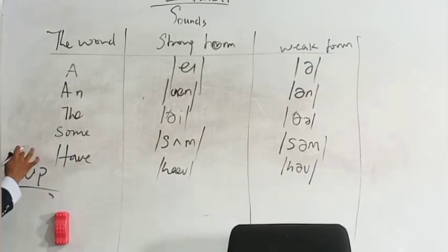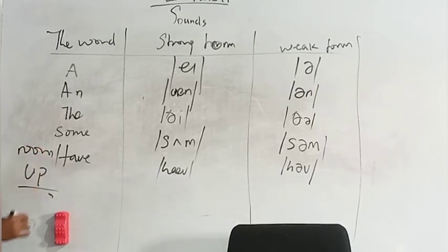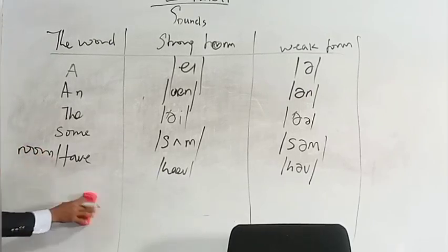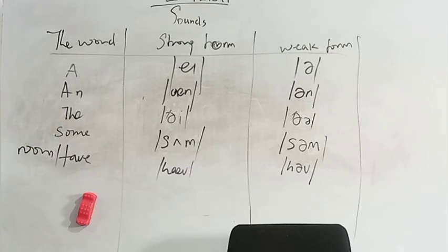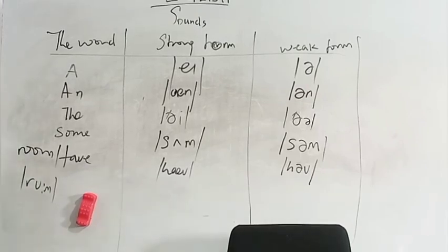Room, room. What is the vowel there? Say monotone. Room. Hmm? Ooh. You're right. And then room. And then what else?